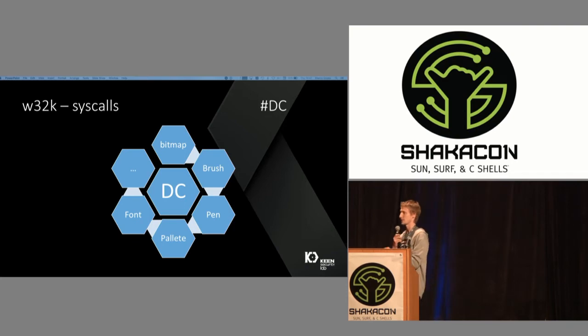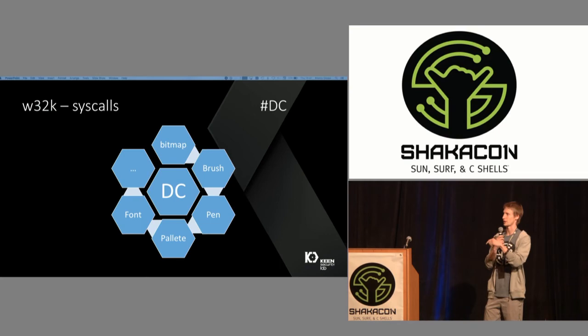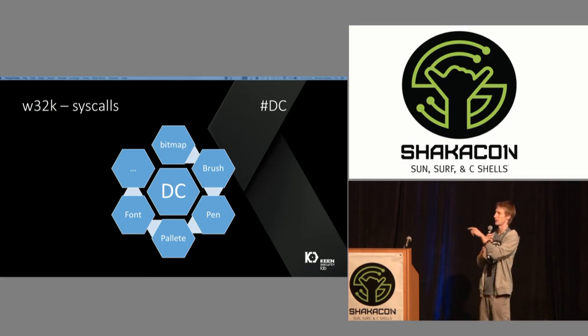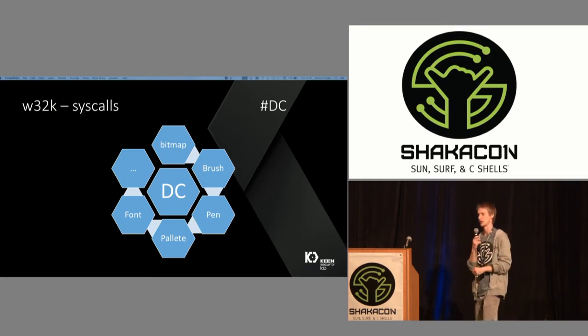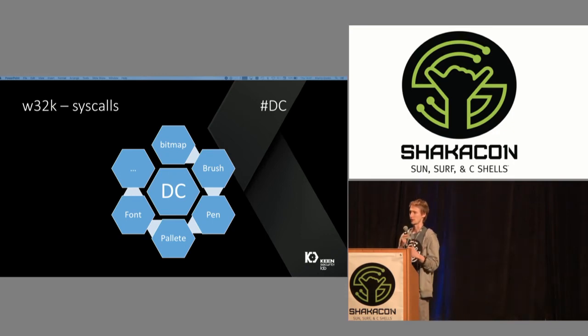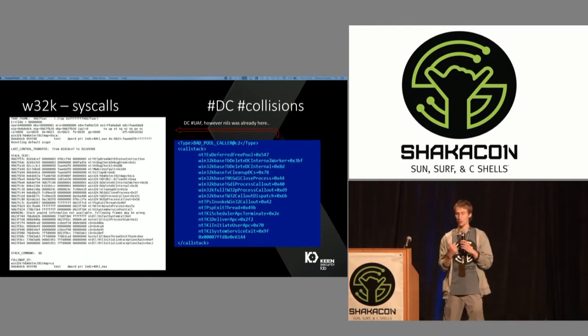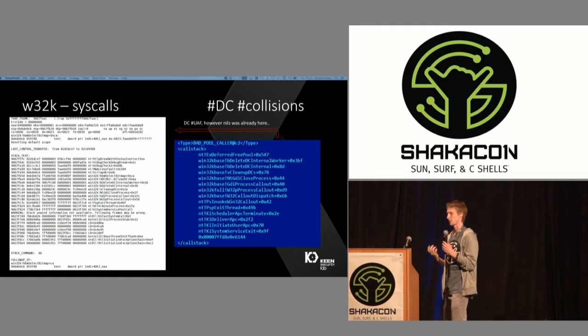A very nice thing about the DC is that it connects to many different sub-objects, like bitmap, brush, pen, palette, font, and region, and whatever else. Because it's all connected to the DC, it's really complex, and it also contains some bugs.